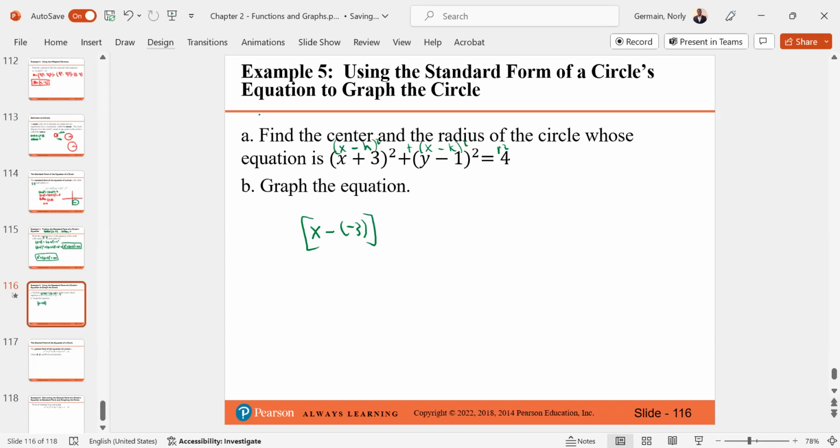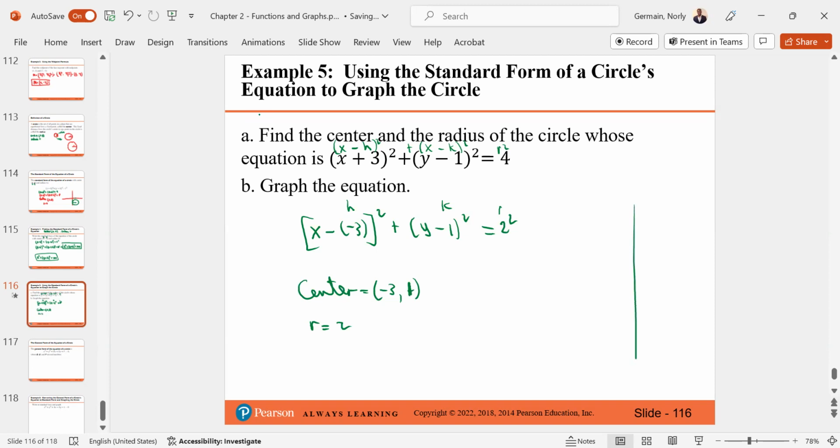We have (x plus 3) squared plus (y minus 1) squared, the negative there I leave it. What number to the power of 2 gives 4? Yes, 2 squared. So at this point, you will say h is negative 3, k is 1, and r is 2. So the center is (negative 3, 1) and the radius is 2.